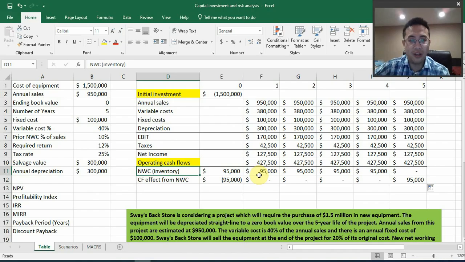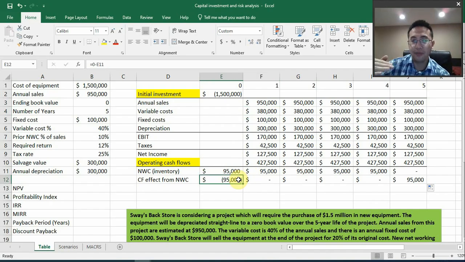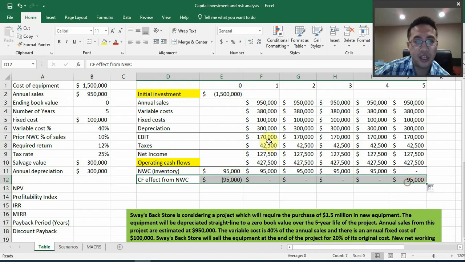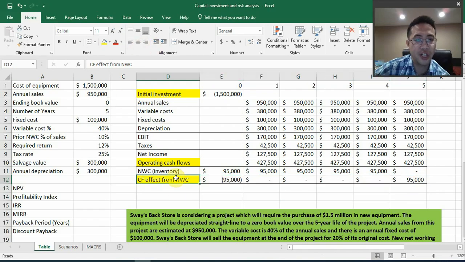If more inventory is built up, it's actually cost of goods sold, put in according to the accounting method. But for the cash flow effect, we only look at the level of inventory to see whether it changes. If the inventory goes up, we spend cash for it. If it goes down, we receive cash from it. So this is the third component, cash flow from the change of net working capital.